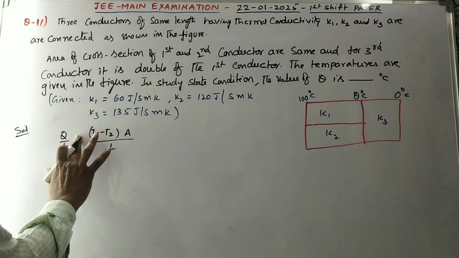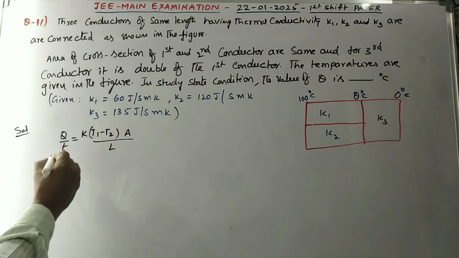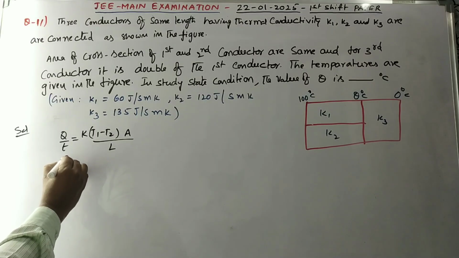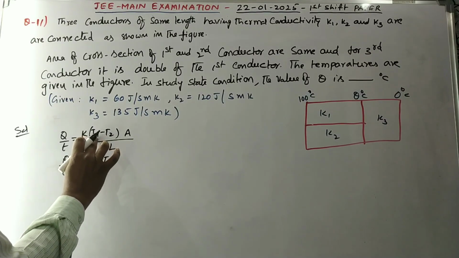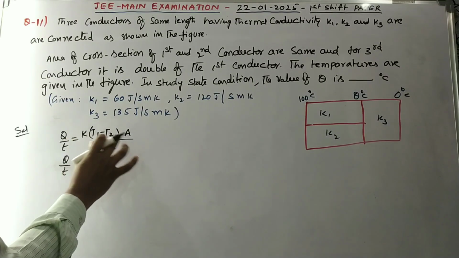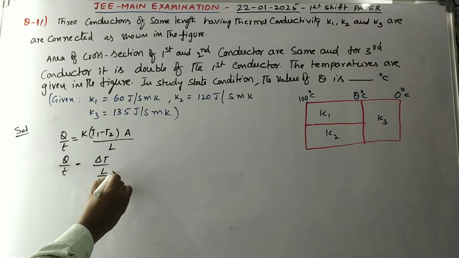Removing the proportionality, we put in a constant called the coefficient of thermal conductivity. So the rate of heat flow Q by T equals K A times (T1 minus T2), the change in temperature, divided by L. That is, the temperature difference divided by L by KA.